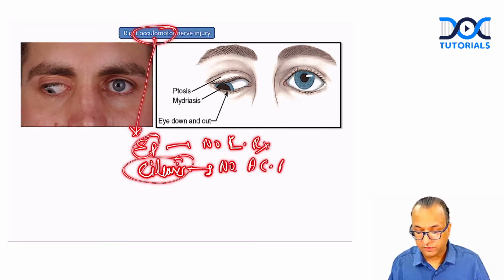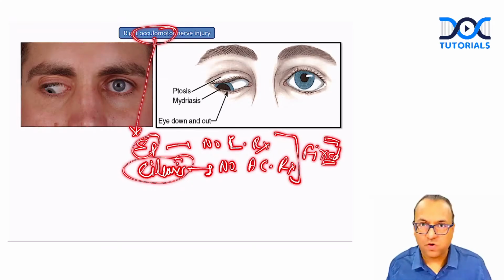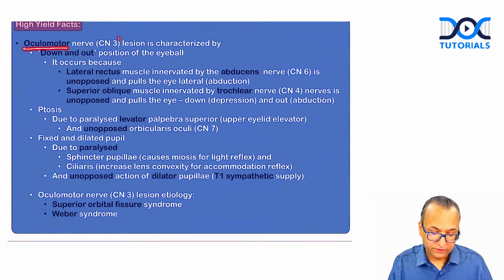So no accommodation reflex. That is why it is a fixed pupil. You are showing light or checking for near reflex. There is no meiosis. There is no increase in lens convexity because the third nerve is not working. That is why there is a fixed and dilated pupil. Let us revise it. Oculomotor nerve, CN3 lesion, what it does.